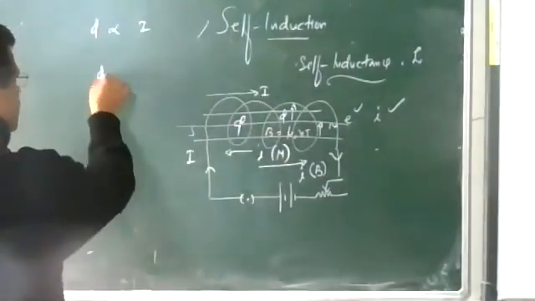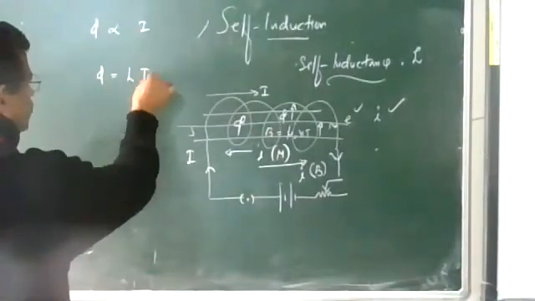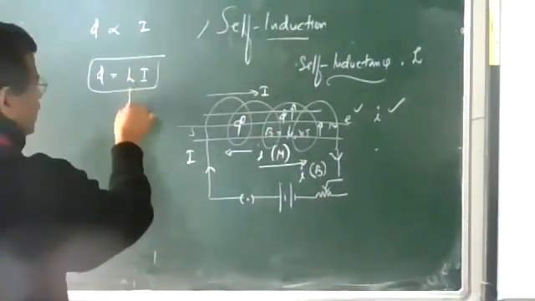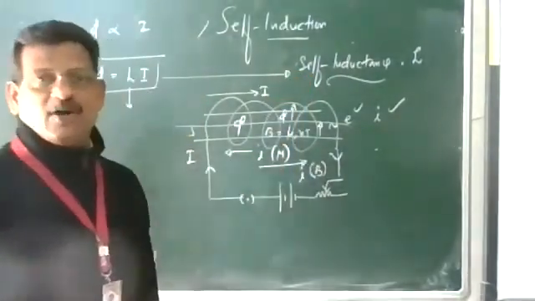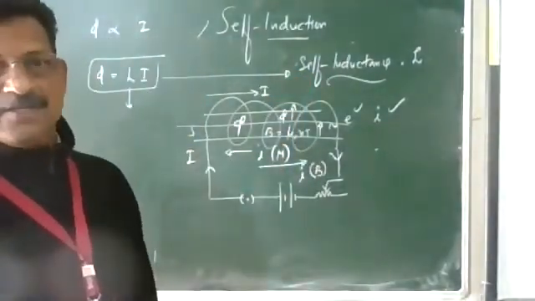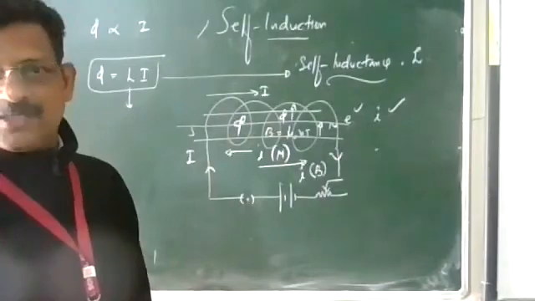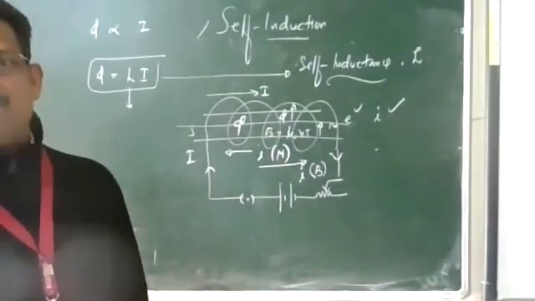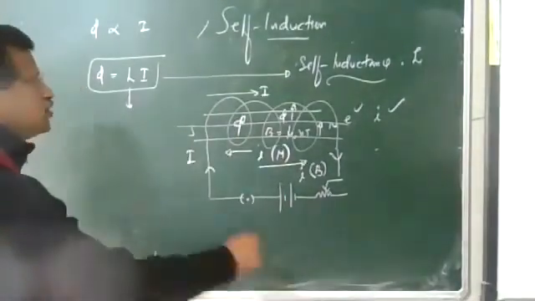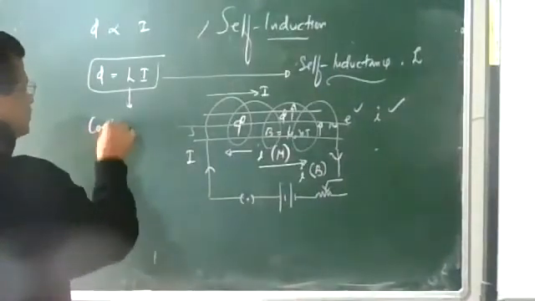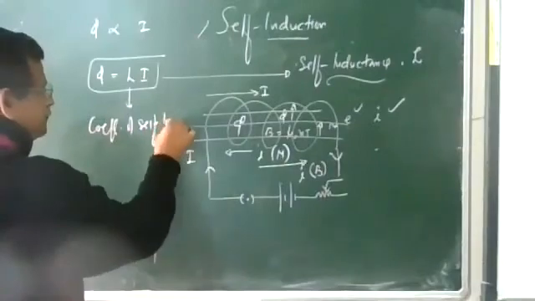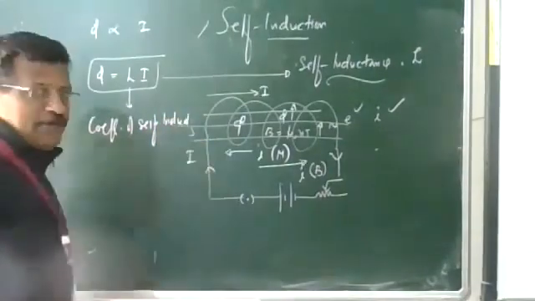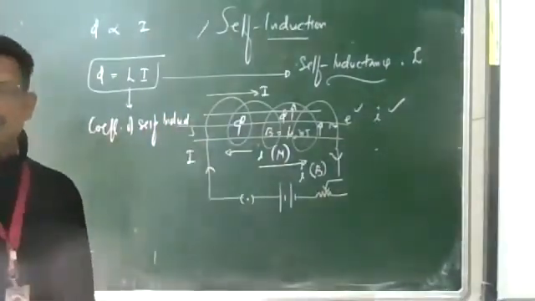This proportionality constant is L, so phi equals L into I. This L is known as the self-inductance of the coil, just like we call it the resistance of a resistor, capacitance of a capacitor. L is known as self-inductance, or the coefficient of self-induction.